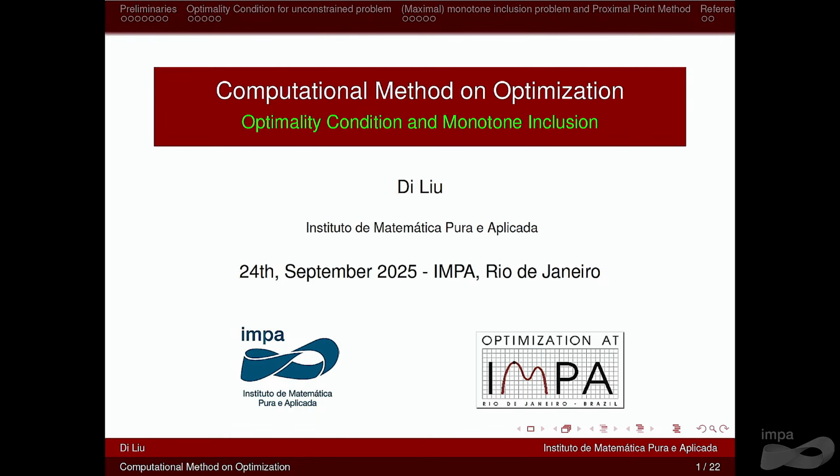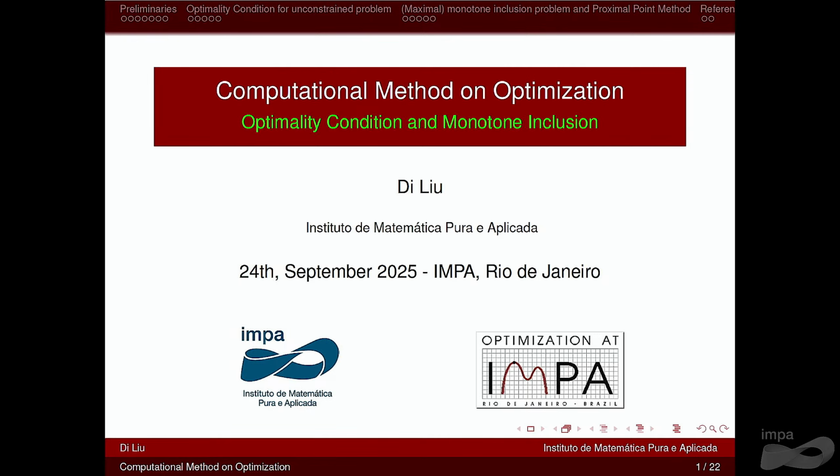Okay, and it's a little bit different from the classical materials in the textbooks, because usually in books about nonlinear programming or convex optimization, it is not very usual to talk about this topic, the monotone inclusion or the monotone operators.